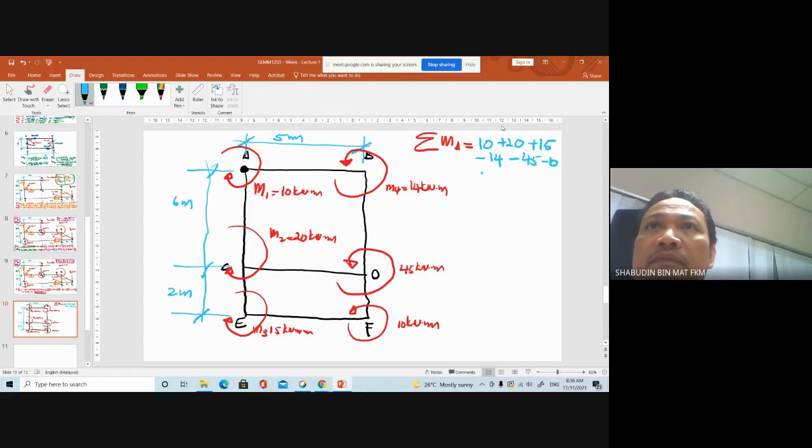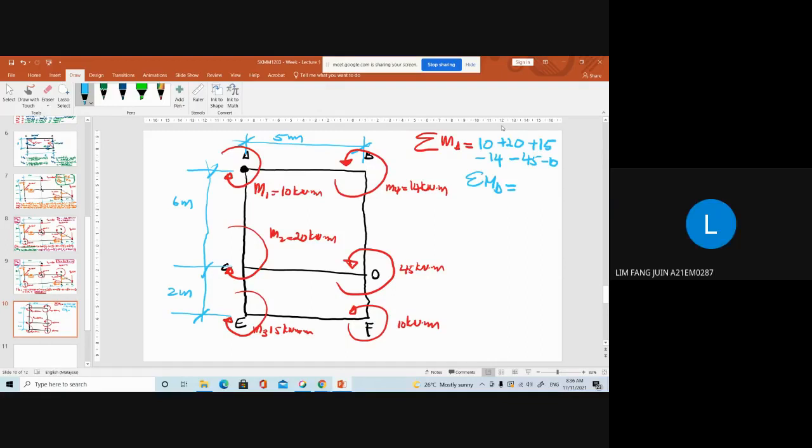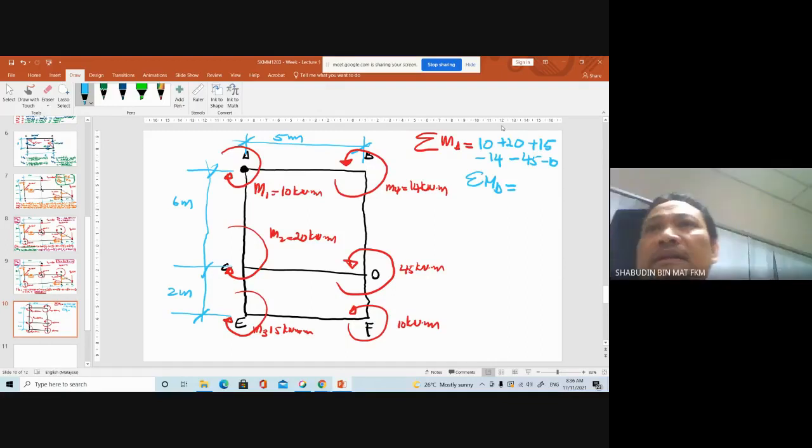So you will have total moment at point A equal to what? 10 plus 20 plus 15, all those? Negative 24 kilonewton meter. Okay, negative 24 kilonewton meter.